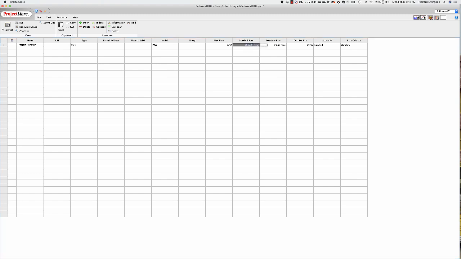We'll assume that the burdened rate then in this case is 80 an hour. And we'll consider that burdened rate. Now this is a person who is probably salaried, and so there would not be an overtime rate.